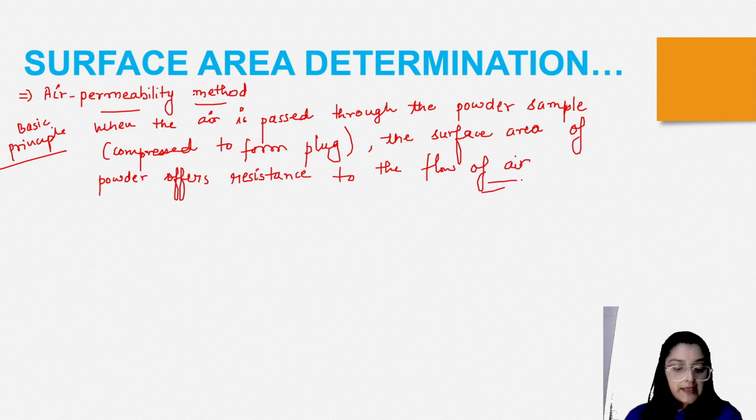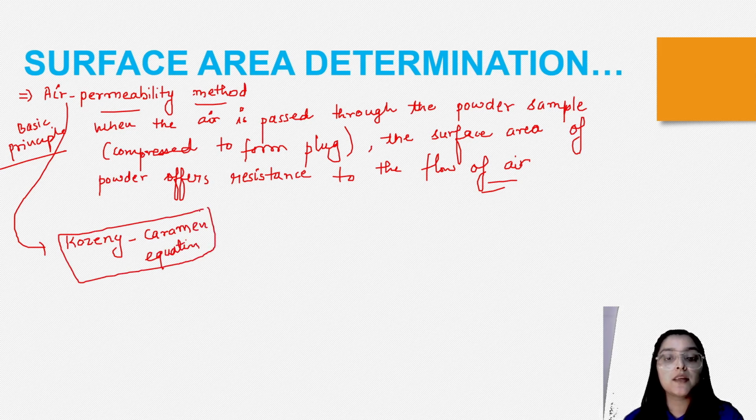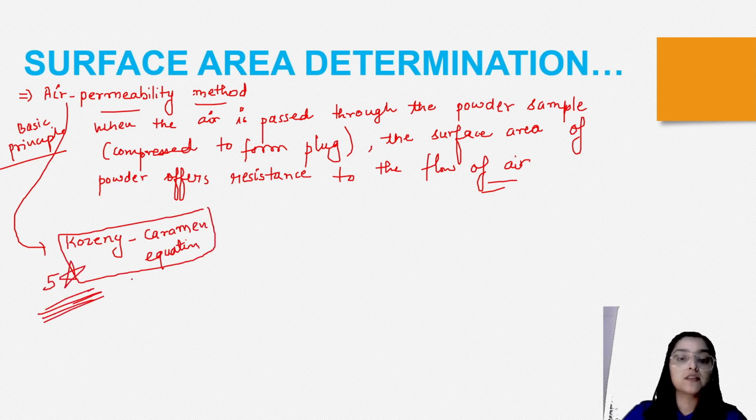So this is explained by another important equation that is derived from the Poiseuille equation, that is the Kozeny-Carman equation. Very important. That equation was a 5-star point, and this air permeability method is also a 5-star point.